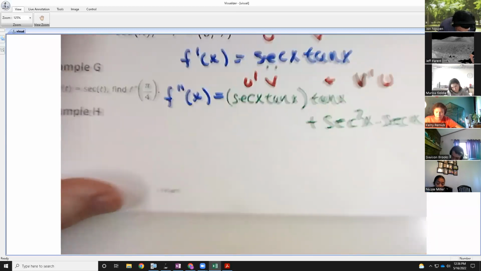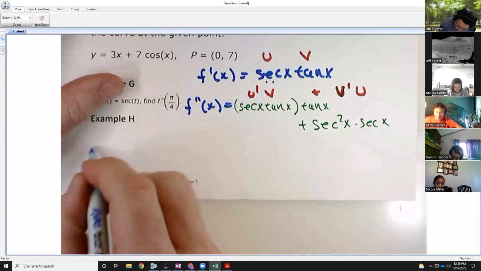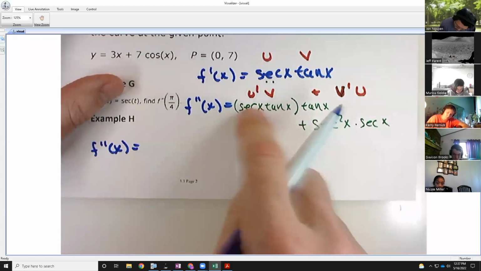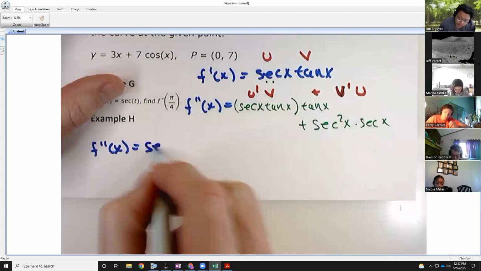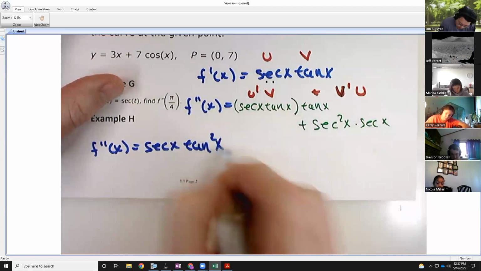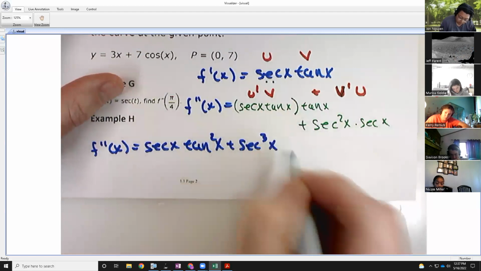Now I can clean that up a little bit. That's going to give me f double prime of x equals secant of x times tangent squared, plus secant cubed of x.